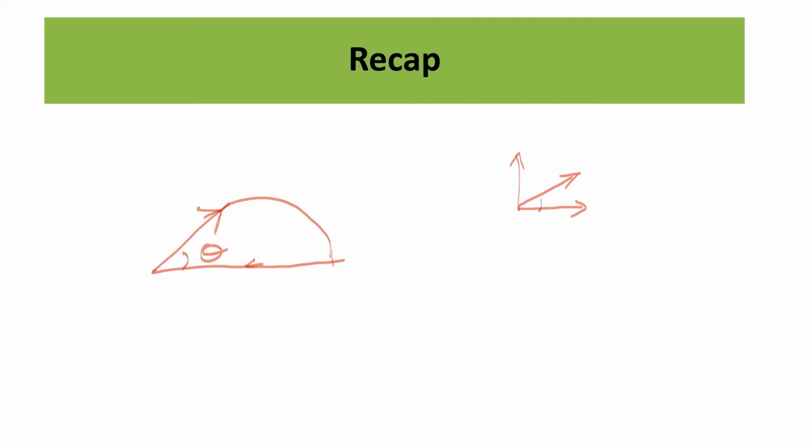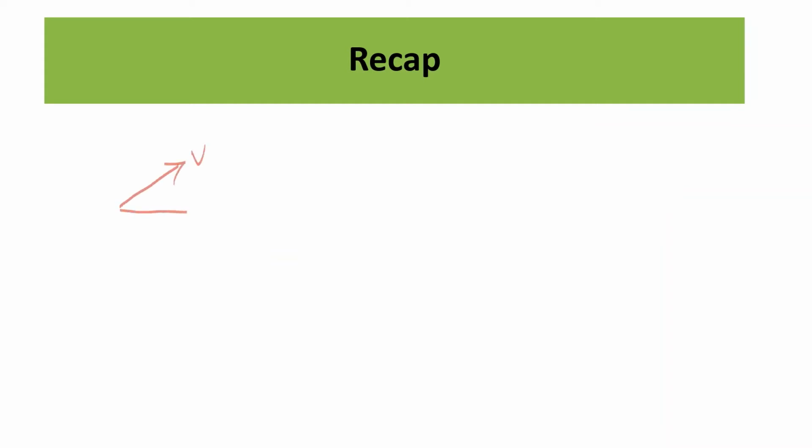If this angle is theta, this will be u cos theta and this will be u sin theta. If the velocity is represented by v instead of u, then this component will be v cos theta and this component will be v sin theta.